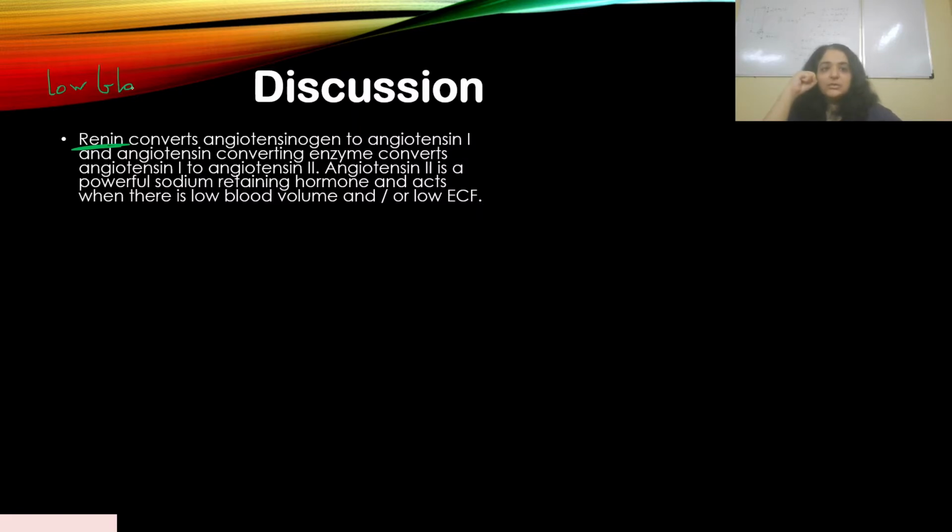And renin eventually forms angiotensin 2. Angiotensin 2 is a very, very powerful vasoconstrictor. Please remember this, angiotensin 2 performs a lot of functions.